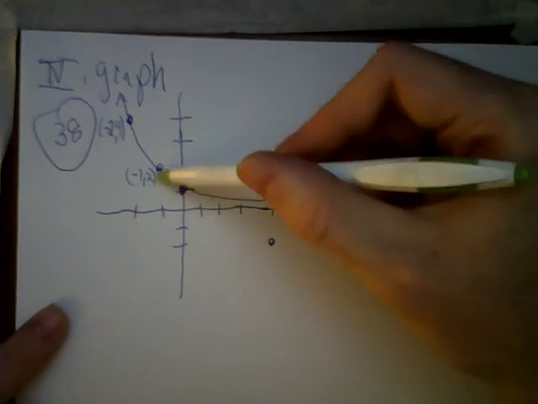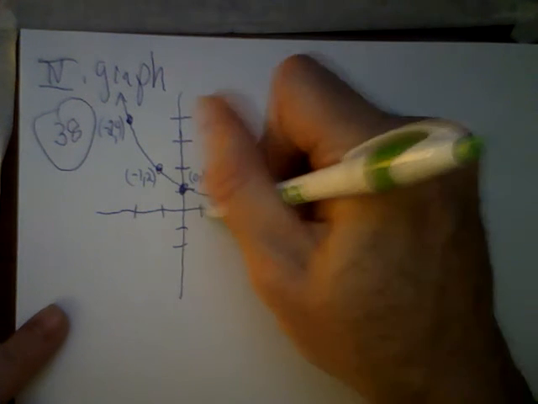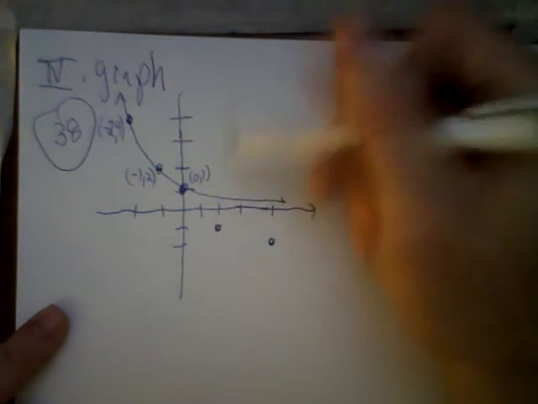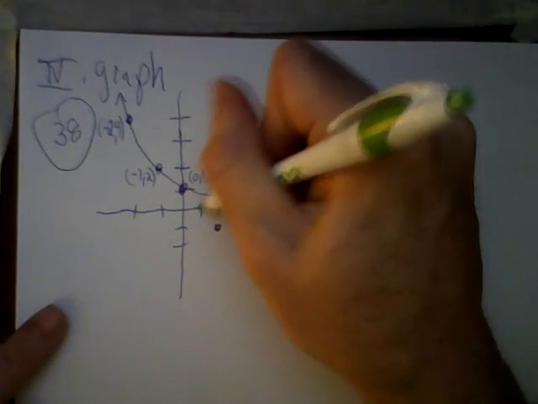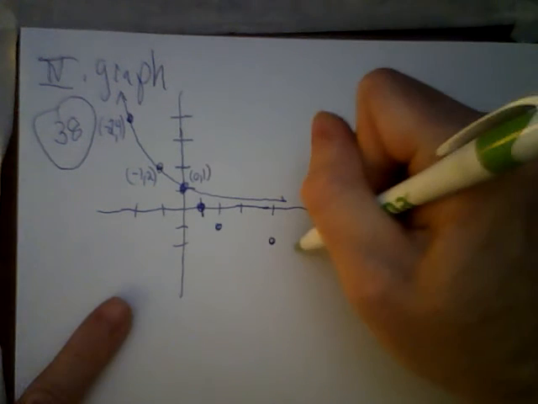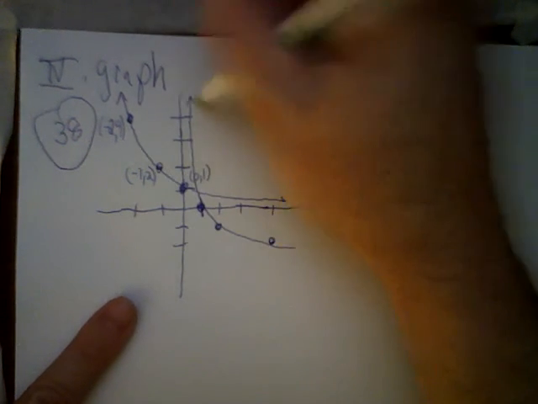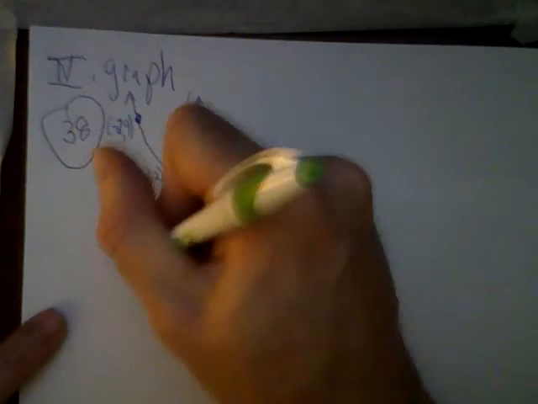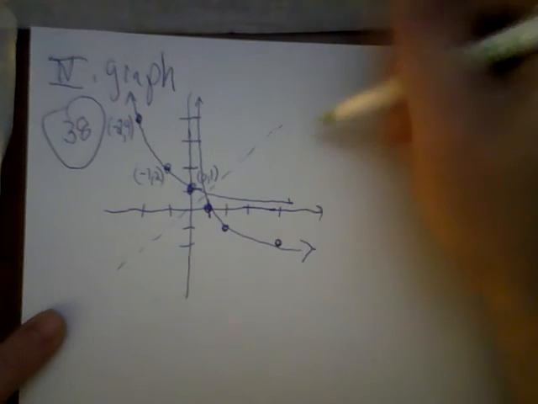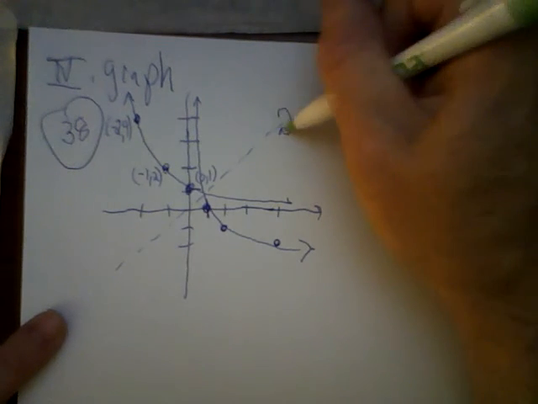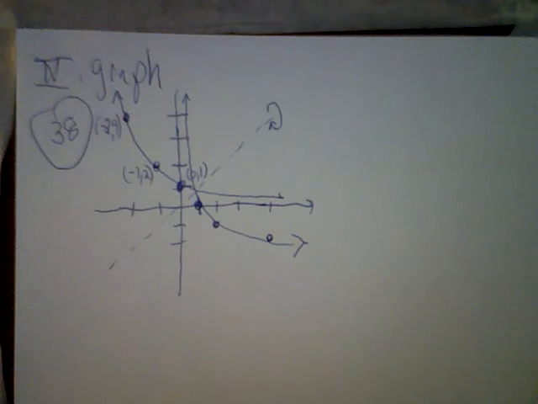And then instead of -1, 2, I'm going to go 2, -1. Instead of 0, 1, I'm going 1, 0. And that should give you a pretty good idea of how this is going to behave. And they should be mirror images of each other about the line y equals x.